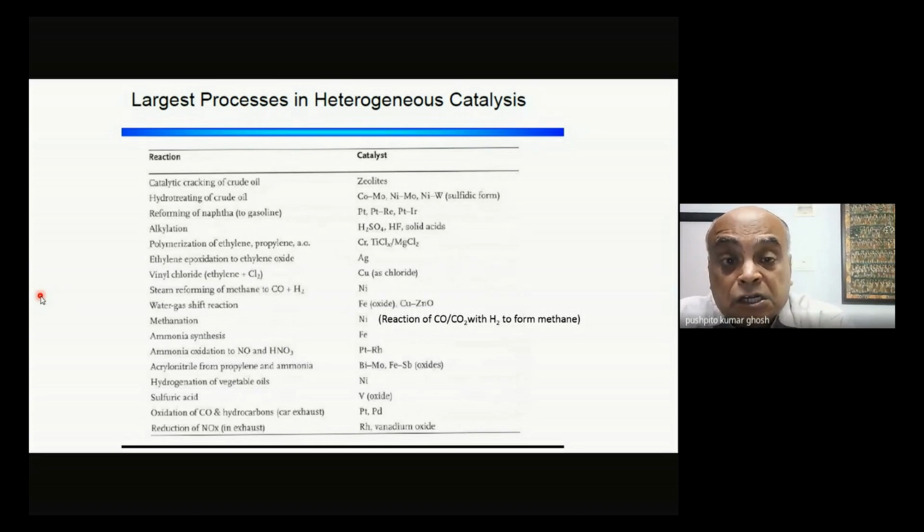Naphtha, these things have to be reformed into the desired kind of structures that are most suited for different kinds of vehicles. So reforming of naphtha to gasoline was so vitally important, to get also the anti-knocking properties. Alkylation, ignore the sulfuric acid and HF because these are not solid catalysts.